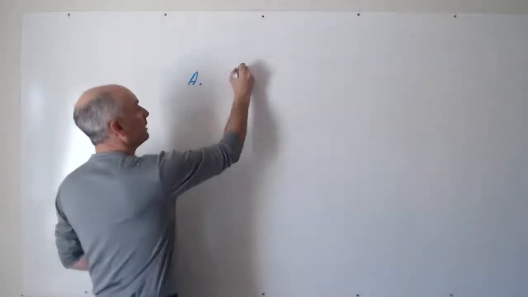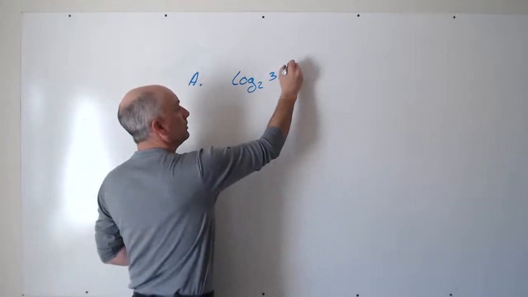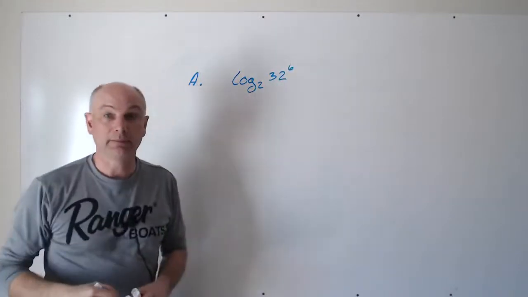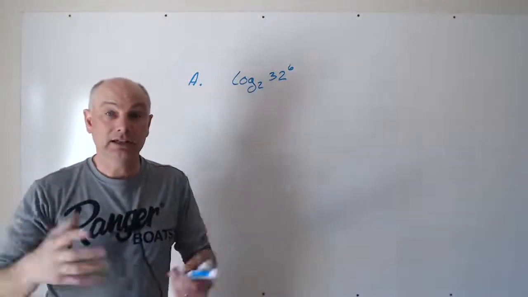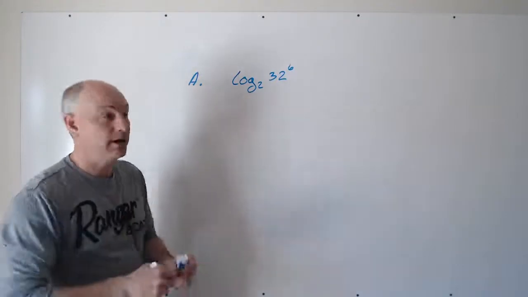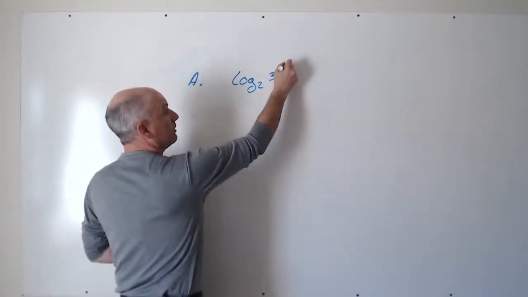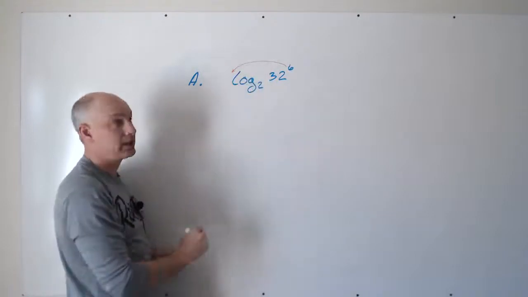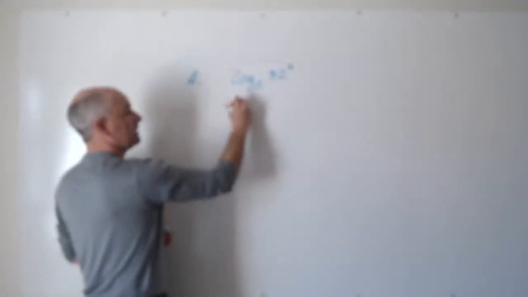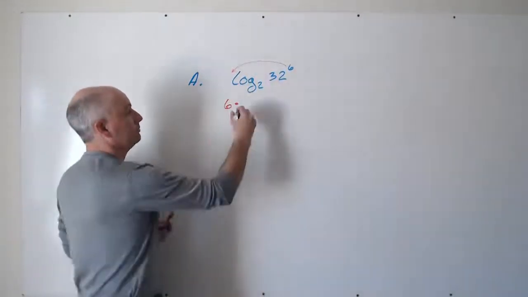So here we've got log base 2 of 32 raised to the 6th power. Okay, so again, the intent is to use the power property. So on this first one, what can we do? We can move the 6 down, and we can write it as 6 times that log base 2 of 32.